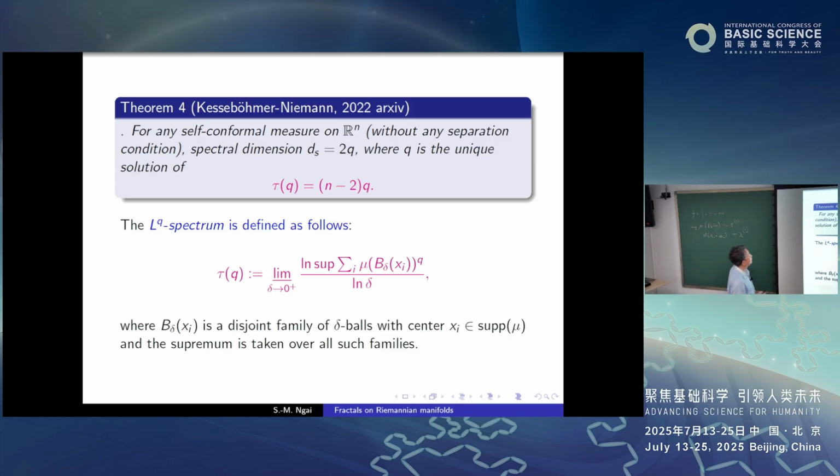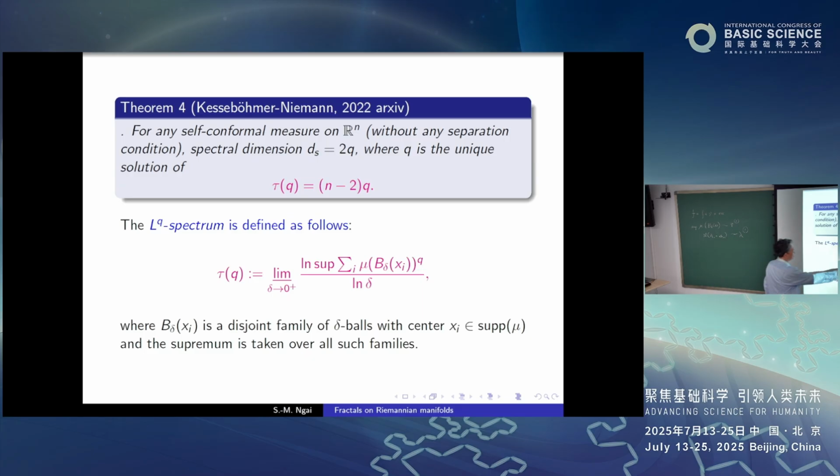By Kessler, Berman and Niemann, in a recent preprint, they proved that for self-conformal measures, the spectral dimension can be obtained from another quantity called the L^q spectrum, which is a very important function that arises in the multifractal decomposition of measures. It is used to study the multifractal properties of measures.